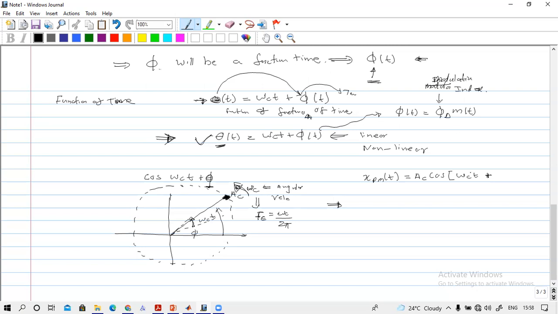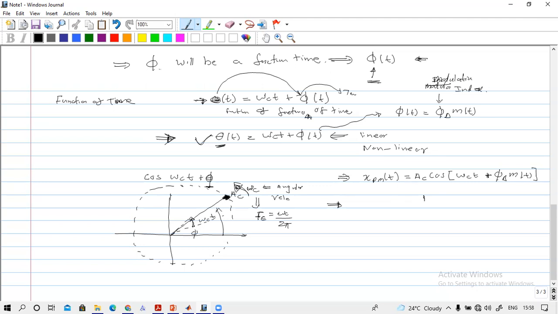So normally the modulated signal we can represent as A_c cos(omega_c t + modulation index × m(t)), like this, correct?